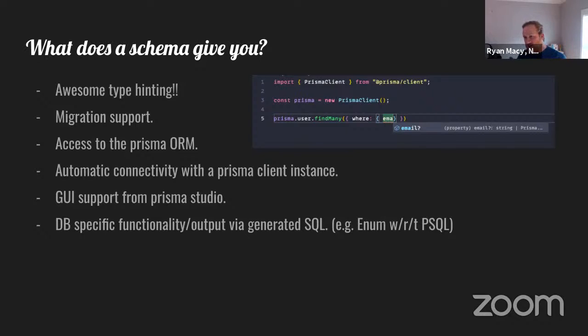You can see here in these 3 lines, we immediately connect to the database, establish a connection, access an object, and conduct a query. So with very little effort, you get automatic connectivity with the Prisma client instance.